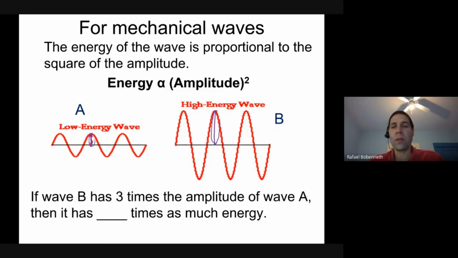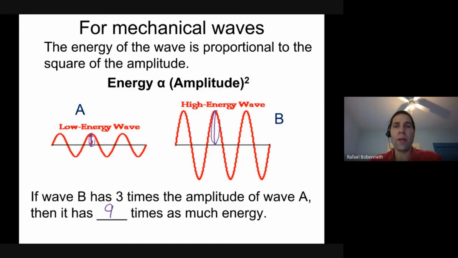Well, if you put in 3 times the amplitude and you square that, you're going to get 9 times the amount of energy. So this is just something I wanted to make you aware of, how there's this relationship between energy and amplitude of mechanical waves.